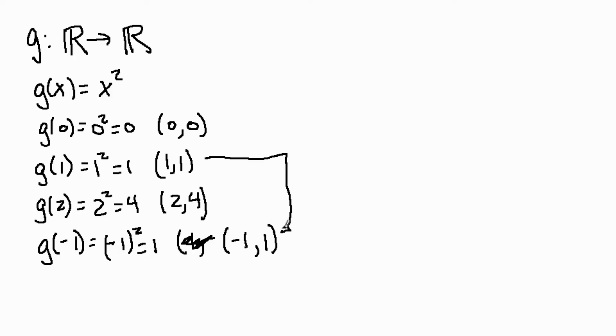We have the fact that g of minus 1 is equal to g of 1 is equal to 1. So in this case, look at what happens there. I have that two different values went to the same value, but these are different. Our conclusion is it's not 1 to 1.